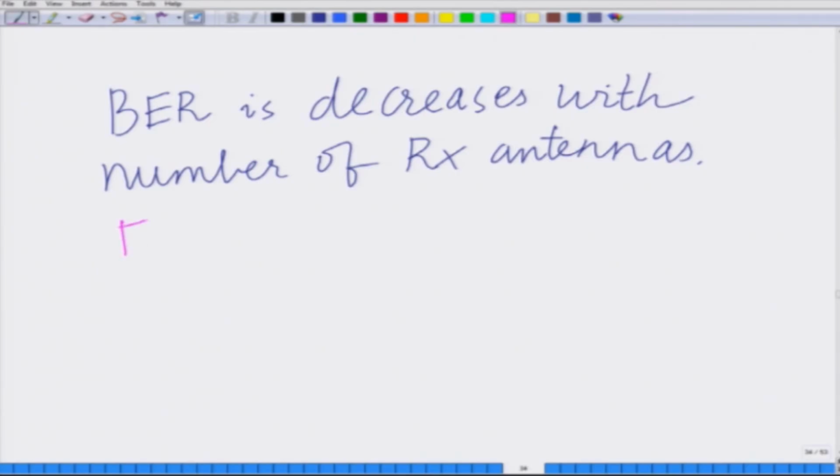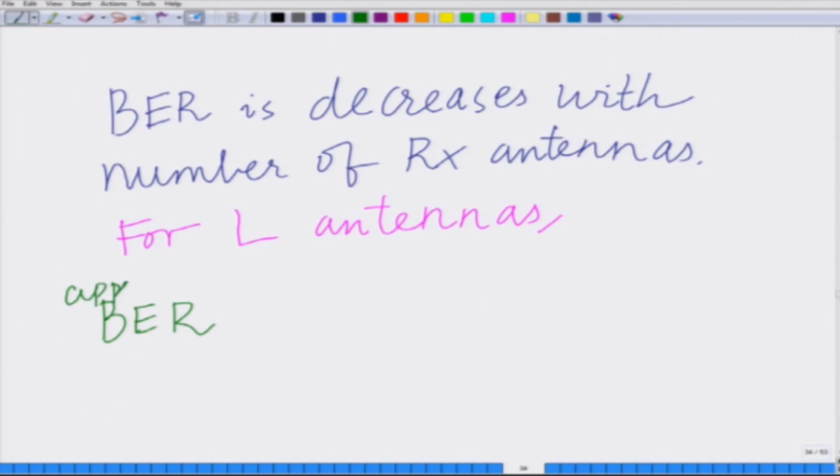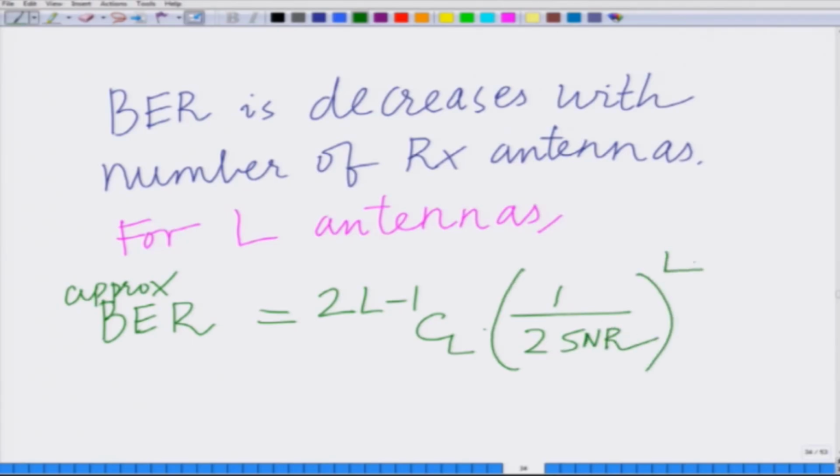For instance, for L antennas, let me remind you, the approximate bit error rate equals (2L minus 1 choose L) times (1 over 2 times SNR) raised to the power of L.